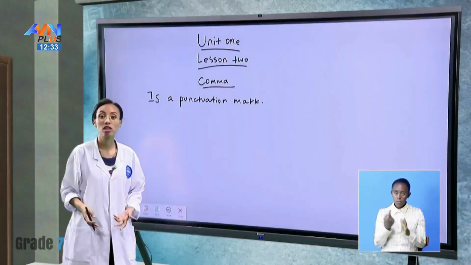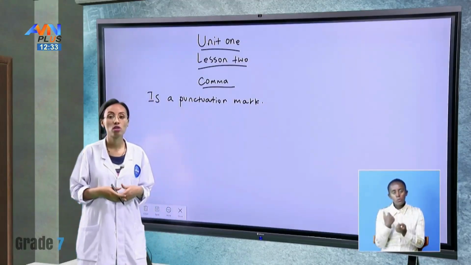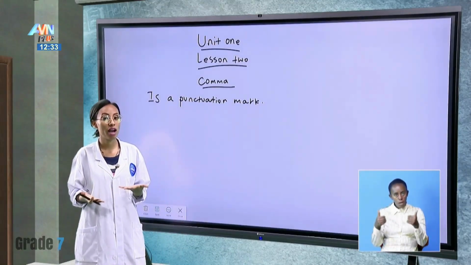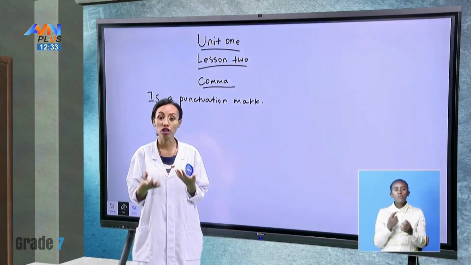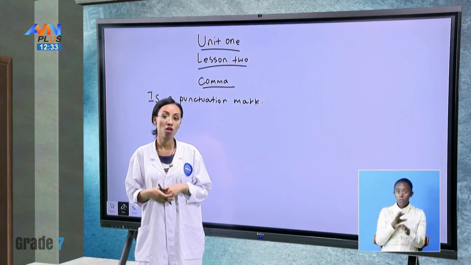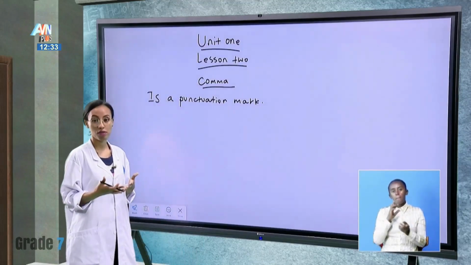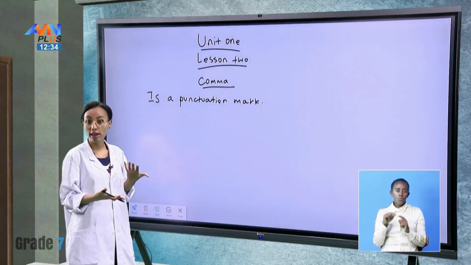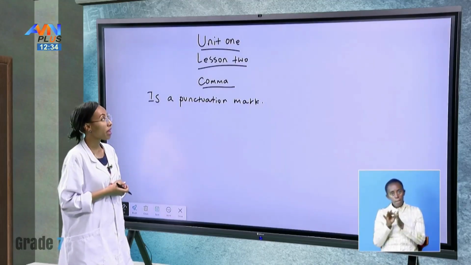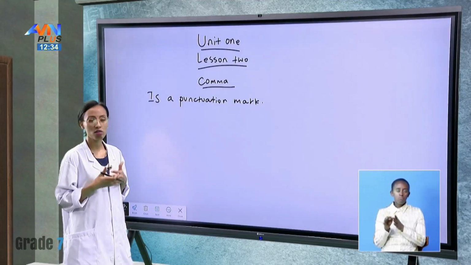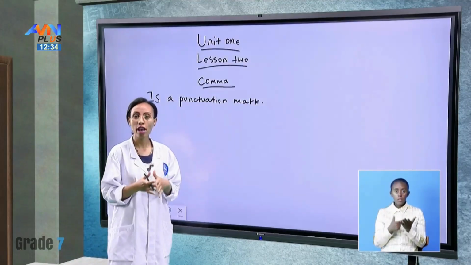We use it for different situations. We use it to separate items in a list. We use it before conjunctions. We use it for different reasons, for example, to separate dates and numbers. It has a lot of uses.